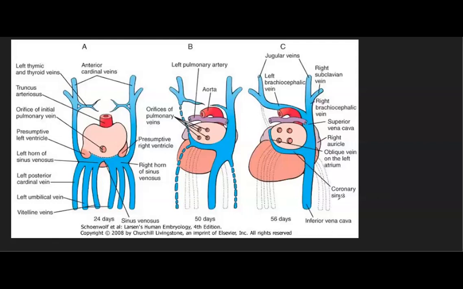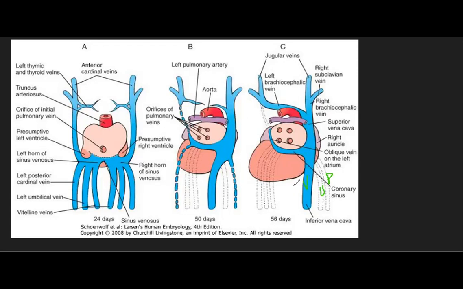Excuse me for a mistake I made here. Earlier I told you that the left and the right posterior cardinal veins degenerate. And then over here, while explaining the inferior vena cava, I said that this is formed from the posterior cardinal vein, but I'm sorry, the posterior cardinal vein is this one, okay? And this middle one was umbilical, and this one was vitelline.